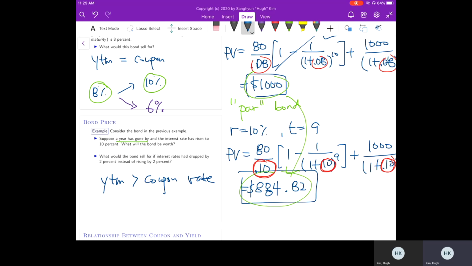So this bond is less attractive compared to other similar bonds that are being issued in the market. So this bond is being traded at a discount to compensate for that. So this bond is called discount bond.